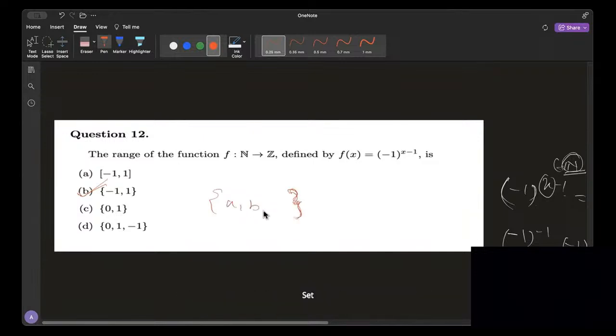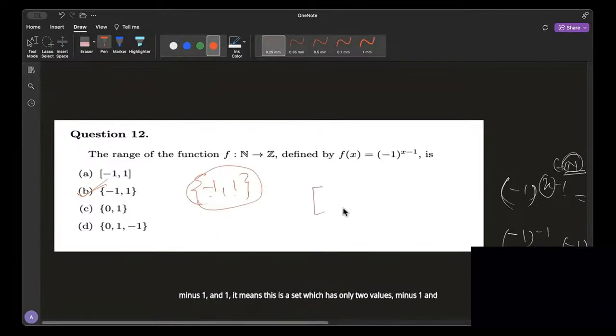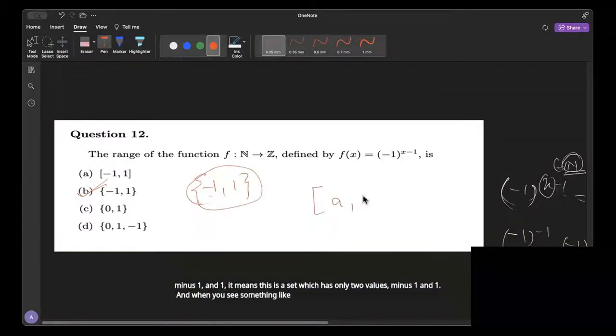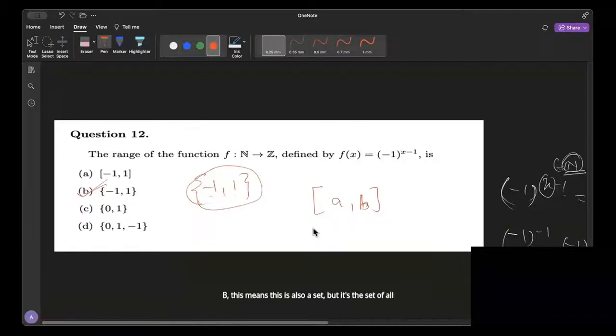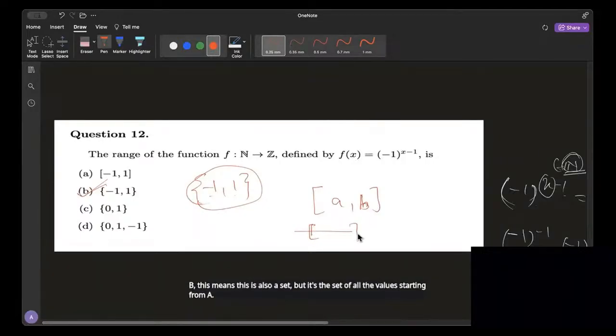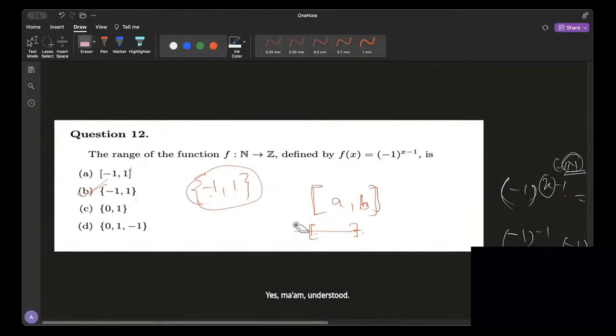So if you have A, B, C, this means it only has three elements, A, B, and C. And the same has happened here. So if you see something like this, -1 and 1, it means this is a set which has only two values, -1 and 1. And when you see something like this, A, B, this is also a set, but it's a set of all the values starting from A till B, and A and B both are included, like an interval. Yes, ma'am, that's the difference between these two options.